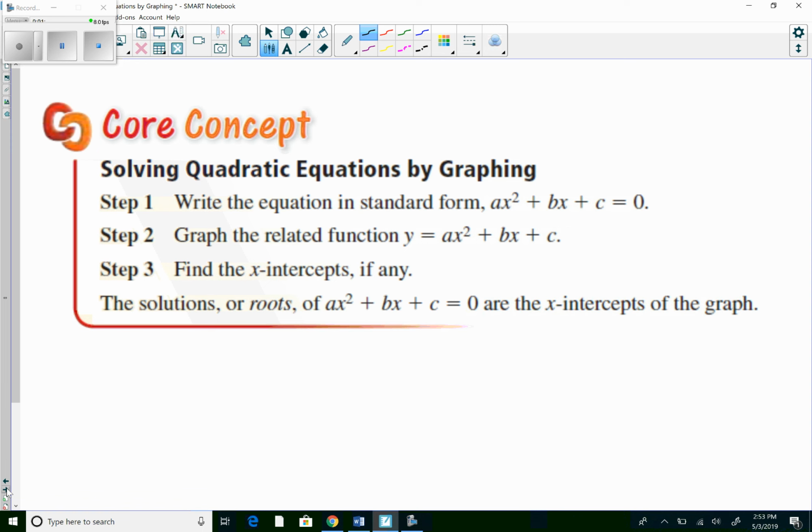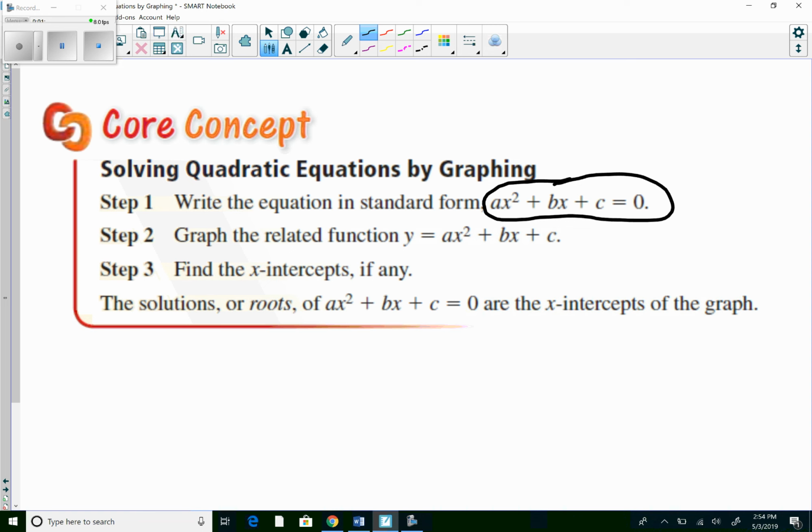Our core concept, first things first, whenever we are solving a quadratic equation by graphing, we always want to make sure that number one, this is the way we write the equation. They're going to try and throw some things at you where x squared may be on the other side, or maybe our b term is over on the other side.